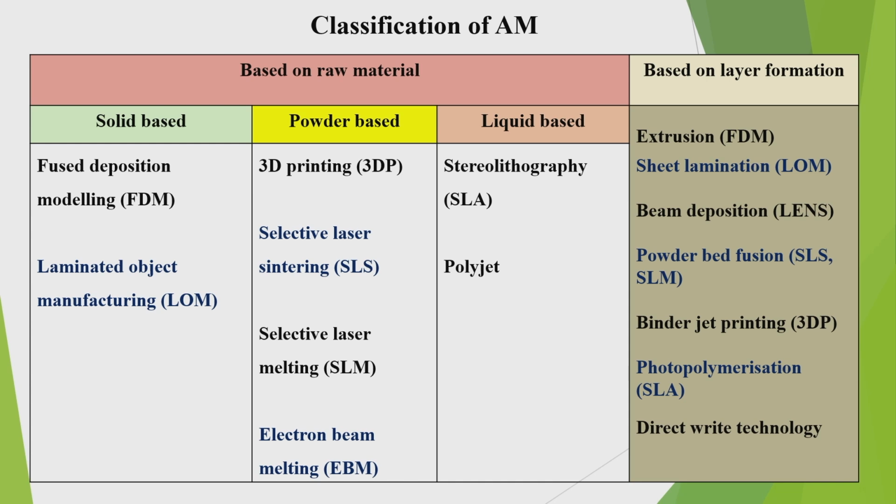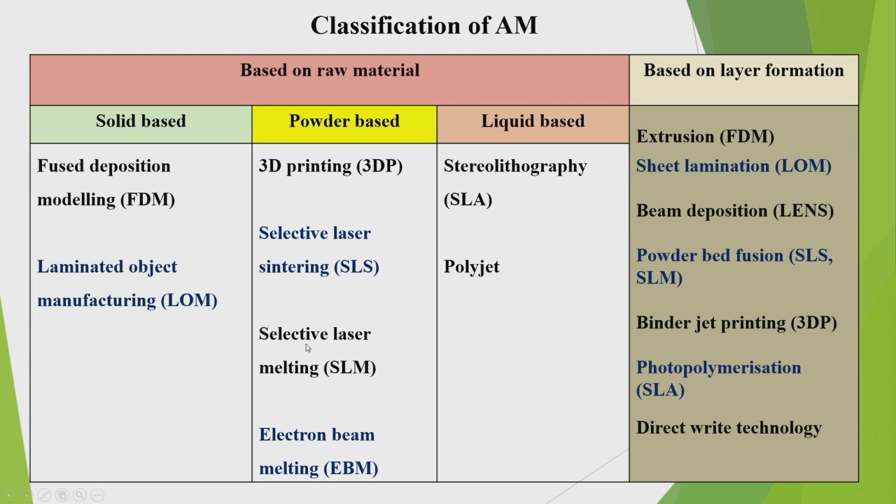And then selective laser sintering, where with the help of a laser, a selective portion is heated and then sintering takes place. Sintering means that powder particles diffuse and make a bond, and there may be only partial melting, but not complete melting.